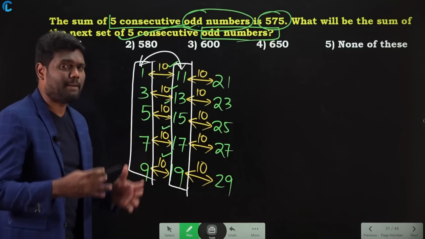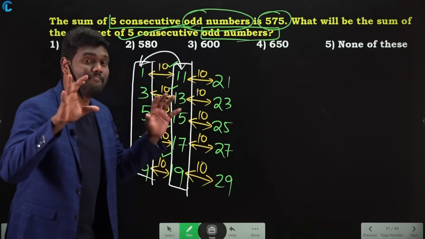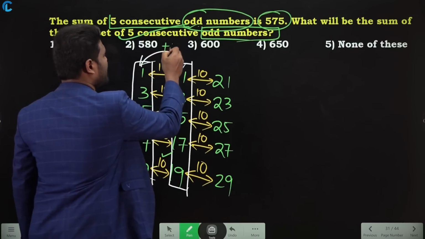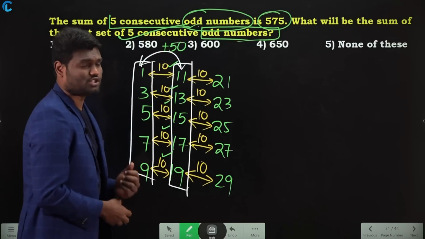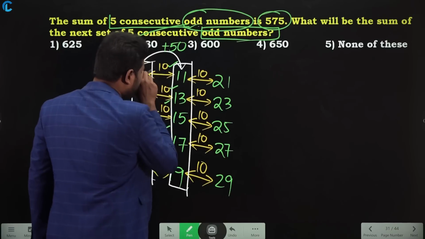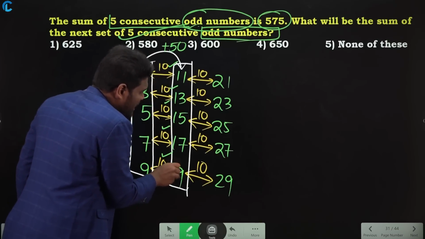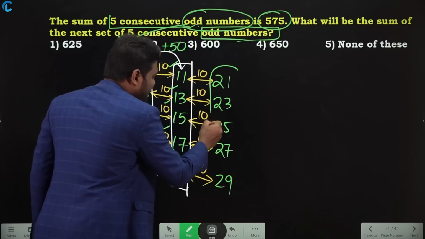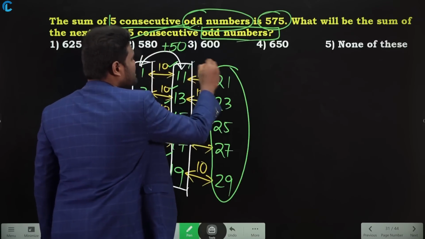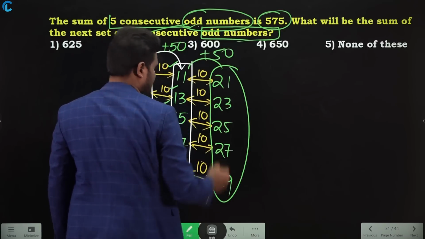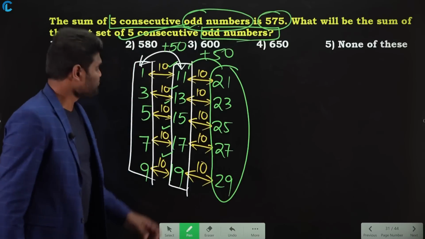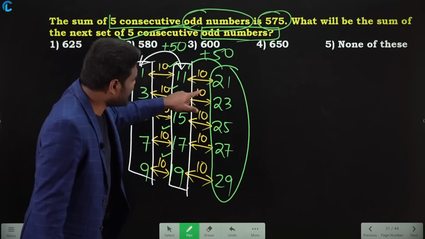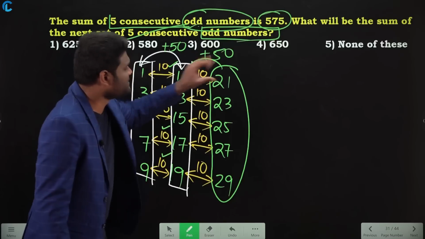So 10 plus 10 plus 10 plus 10 plus 10. How many tens are there? 5 tens are there. So 5 tens means it is going to be 50. Yes or no? Similarly, the difference between these 5 consecutive odd numbers and the next set of 5 consecutive odd numbers is also 50. Why? Because 10 plus 10 plus 10 plus 10 plus 10 is 50.